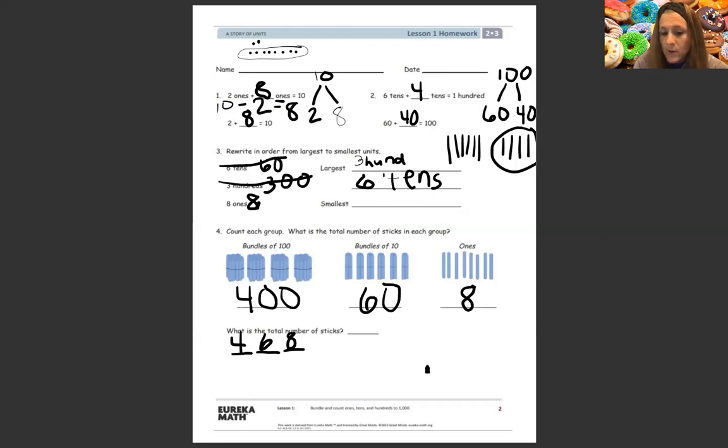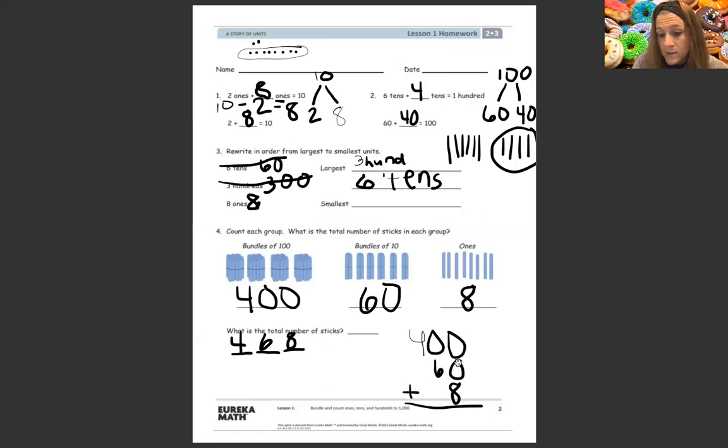Okay. Another way we could do this, if you actually want to add, 400 plus 60, you would think my handwriting on here would get better, wouldn't you? It's just not. Plus 8, add our plus sign over here.